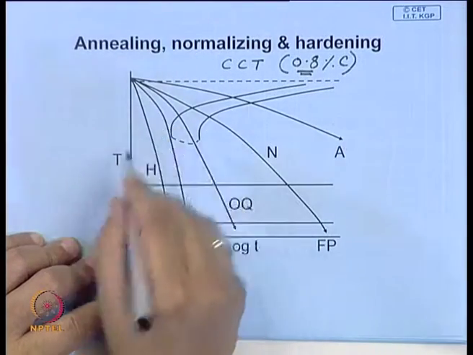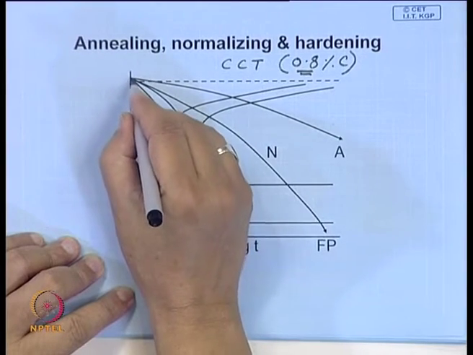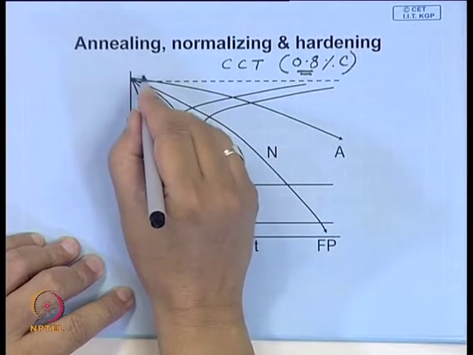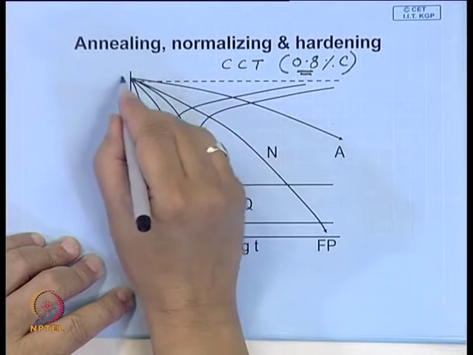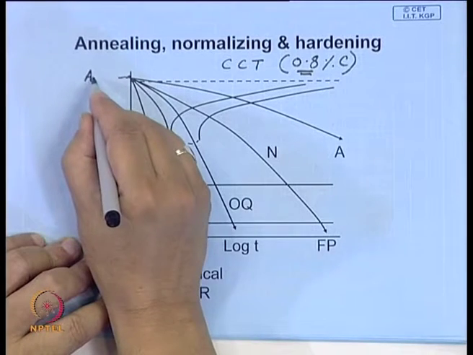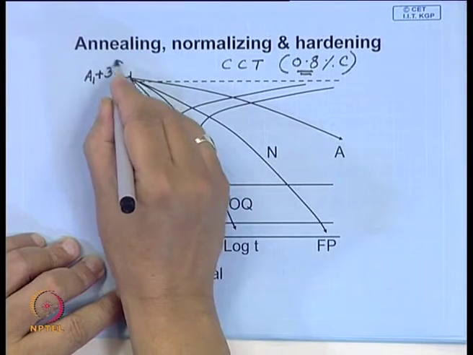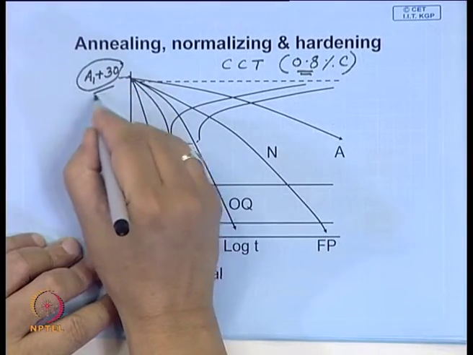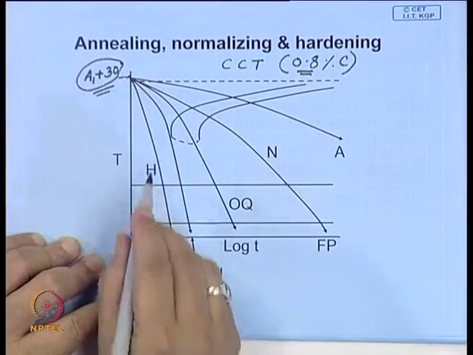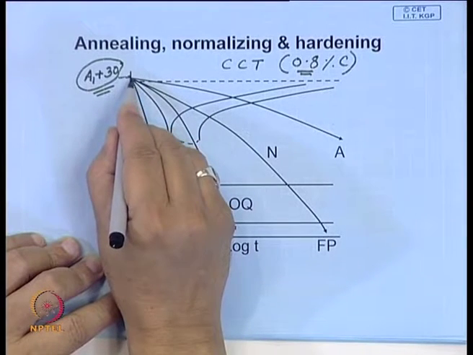Now, in this case what you do, you heat the job to a temperature where it transforms into austenite. So, this is the temperature, which is A1 plus around 30 to 40 degree centigrade, and you soak it for a sufficient length of time to ensure that the entire steel has been converted into austenite.